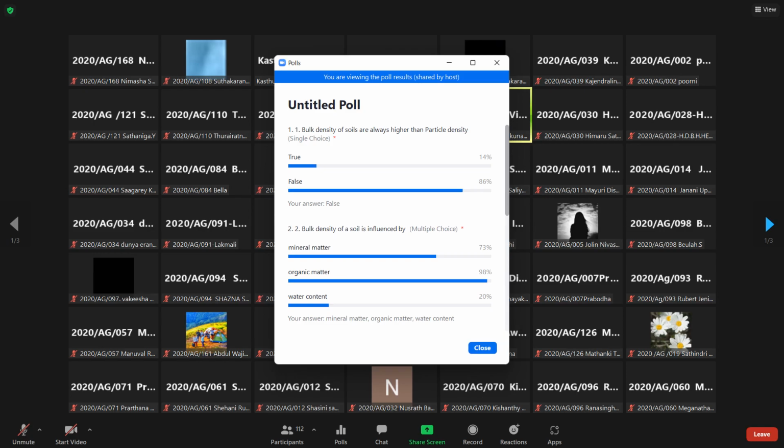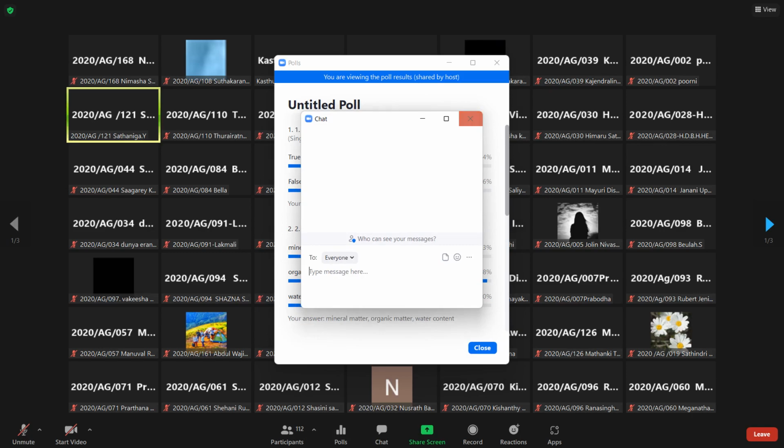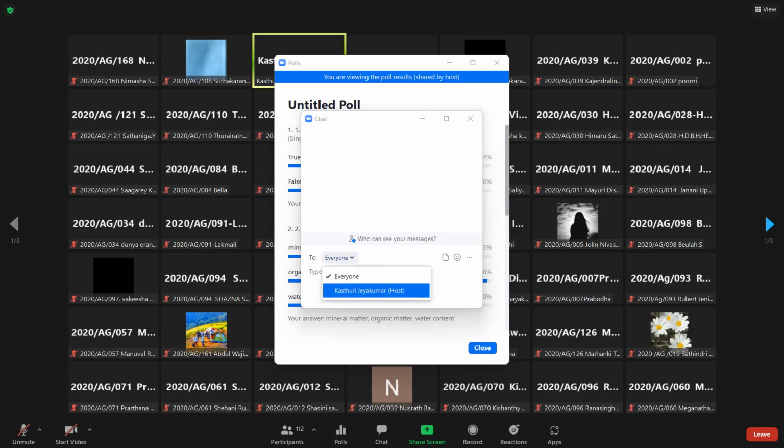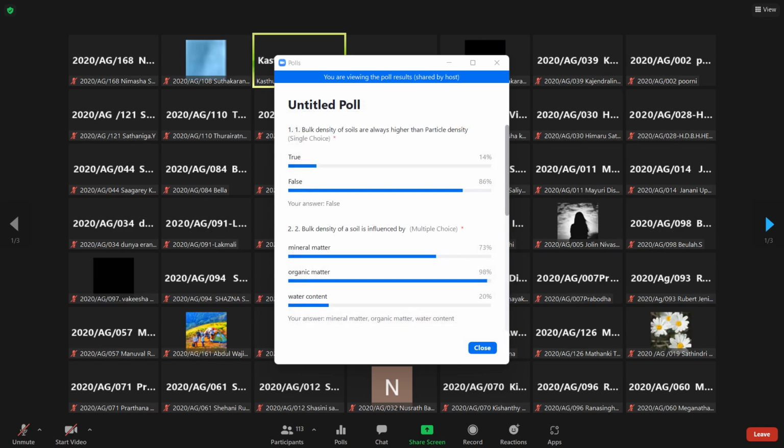Pore space increases, so volume increases, so bulk density decreases. Okay, good. Earthworms will increase the pore space. So ultimately the total volume of the soil will increase. That will decrease the bulk density of the soil.